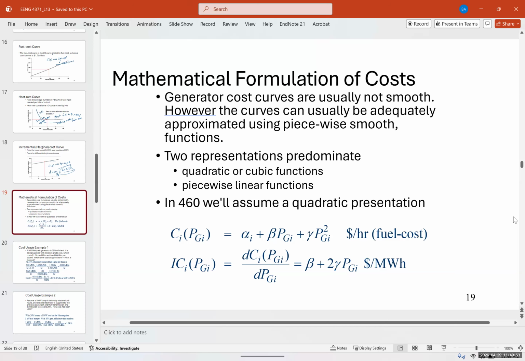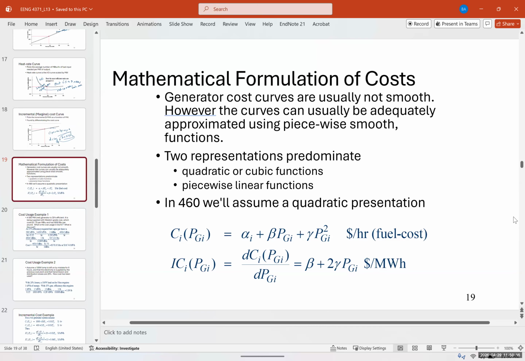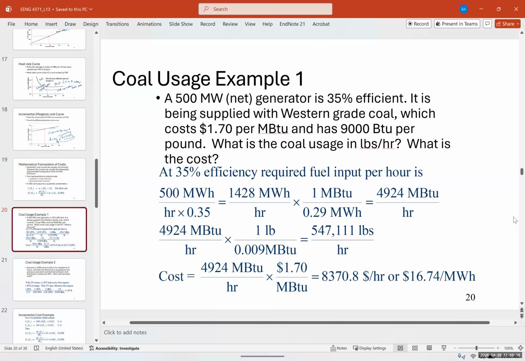And the incremental cost is then the derivative of that, dC_i(P_Gi)/dP_Gi, which gives us beta_i + 2 lambda_i P_Gi, which, as I mentioned, is linear in P_Gi. These quadratic approximations are accurate enough for most practical purposes and allow us to develop clean analytic solutions, but they are not perfect. They are just estimations.